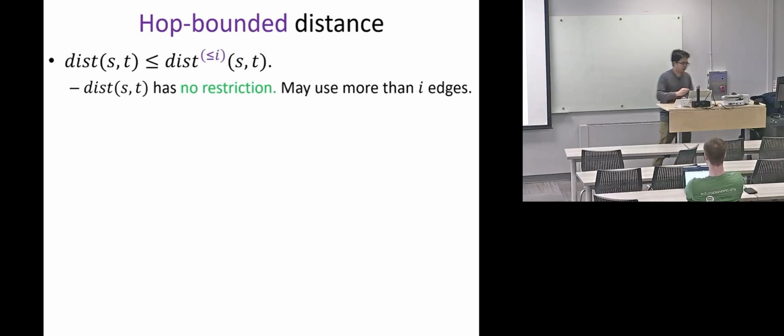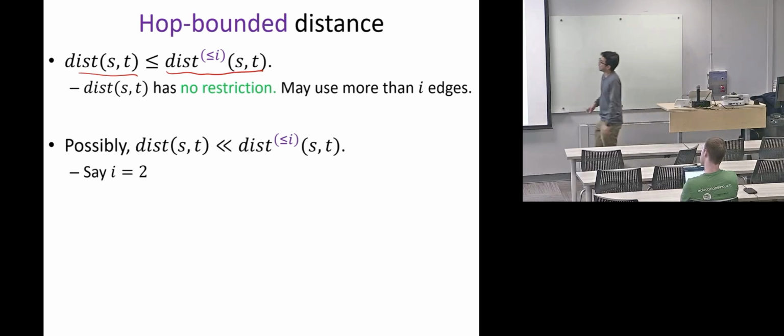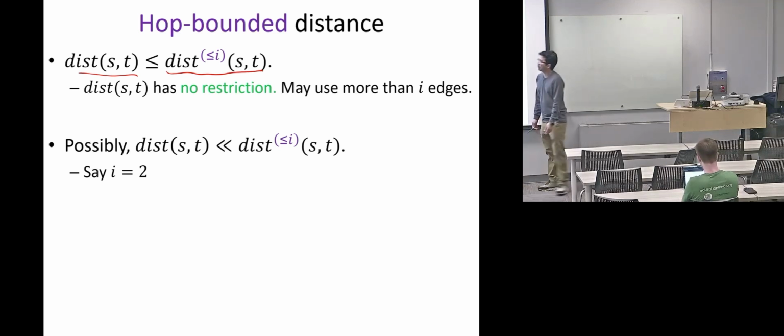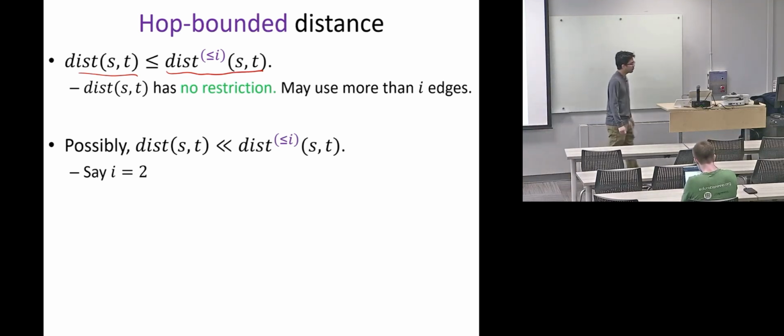But it could be the case that the at most i-hop distance is incredibly much larger than the real distance. Can anyone give me an example when this can happen? Let's say i is 2.